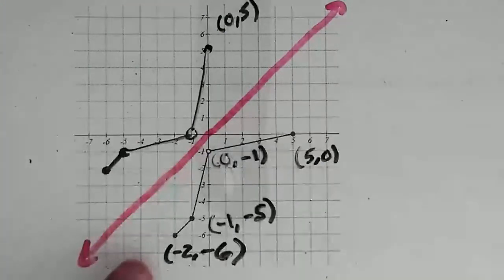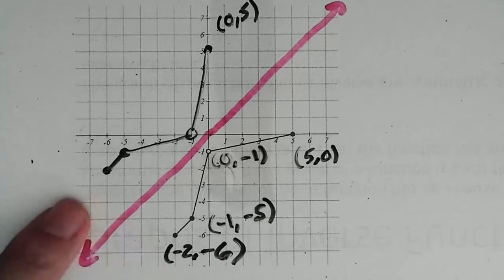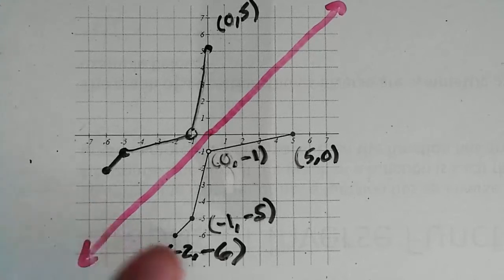So what I have is my original function. It was a function because it passed the vertical line test. It has an inverse because it passes the horizontal line test. And to get what the graph of the inverse looks like, I reflect it over the line. And what was neat about that was our coordinates of our points just flip-flopped. What was an x is now a y. What was a y is now an x.